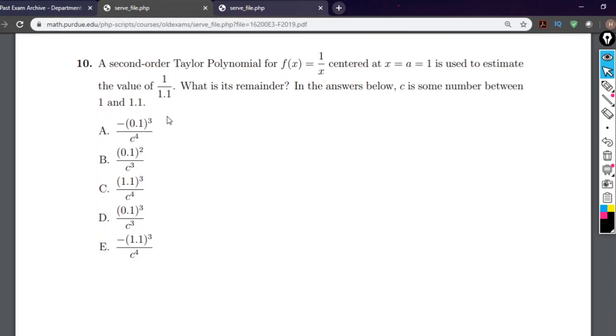For number 10, it's really the remainder theorem for Taylor series.